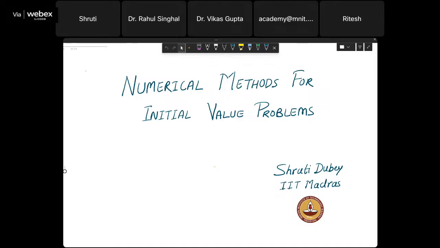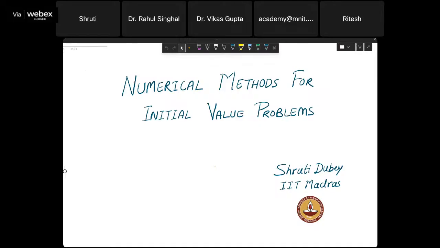Many times it is solvable, but with these standard methods, we are not able to solve it. So in such scenarios, we actually need the numerical methods to get at least the approximate solution of the problem. So that is why it is important to discuss what are the numerical methods which we can apply for finding out the solution of initial value problems.